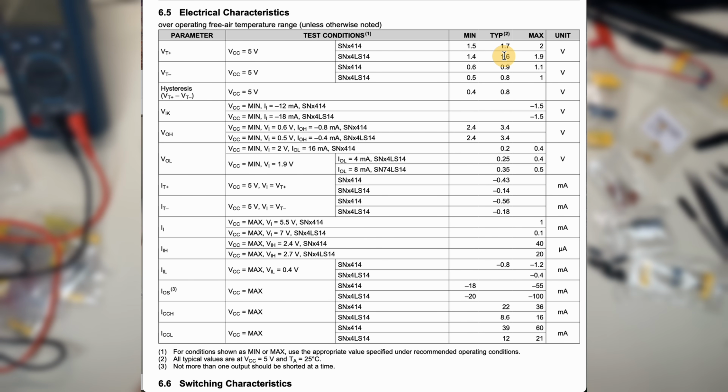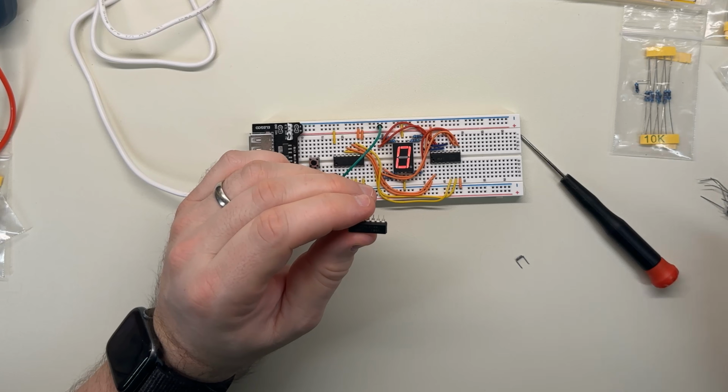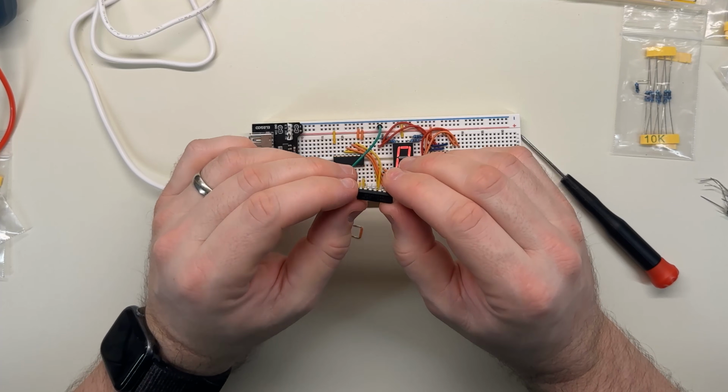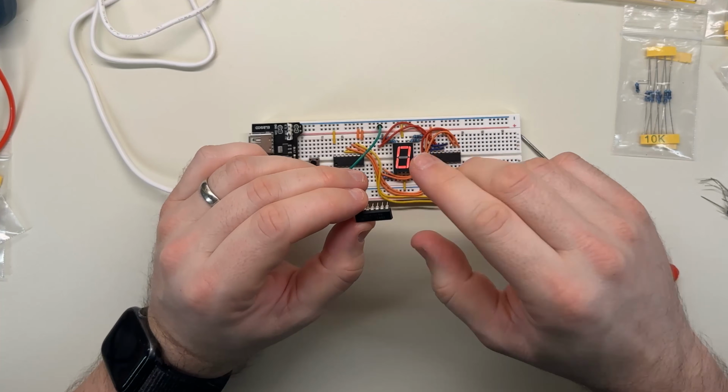So your input signal has to get to at least 1.6 volts before it triggers as a positive signal. Then it has to drop to the VT-, the lower signal threshold, which at 5 volts is about 0.9, or actually on the chip I have about 0.8. So it has to drop all the way to 0.8 before it switches from a high to a low on the output. So that allows for quite a lot of wiggle room.